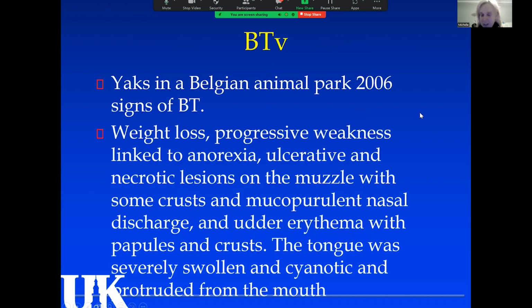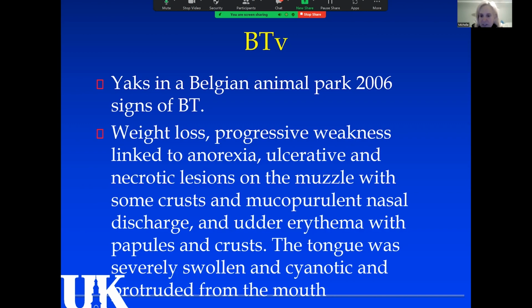Blue tongue virus as well does get in yaks. I did find a case of this one as well in a Belgian animal park. Weight loss, progressive weakness because they're not eating very much. Again, they get these ulcers on the muzzle, and they get kind of crusty, some nasal discharge.